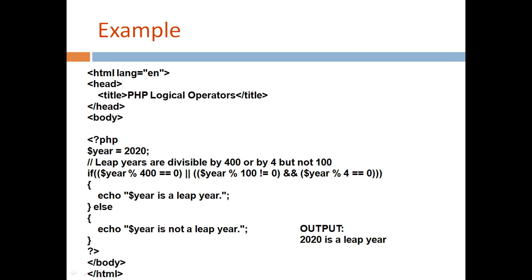When we use the modulus operator, if these two conditions are true, then we can say it is a leap year. So for these, there are two compound conditions where either can be true. If either is true, and along with this, AND, then we can say it is a leap year.